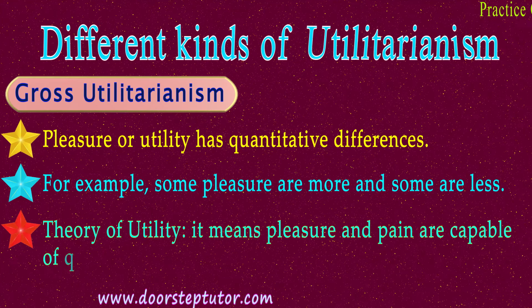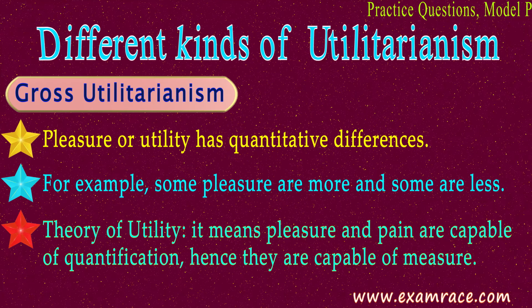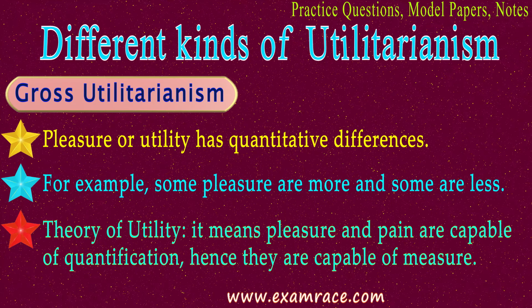Basically, utility means pleasure and pain are capable of quantification. Hence, they are capable of measurement or measure. So, gross utilitarianism is introduced by Jeremy Bentham, and under this, he also came up with his theory of utility.